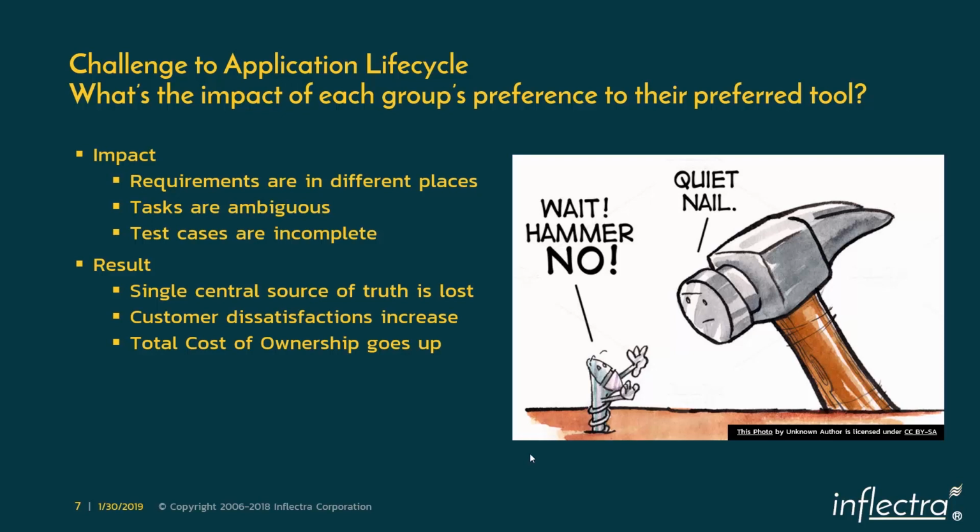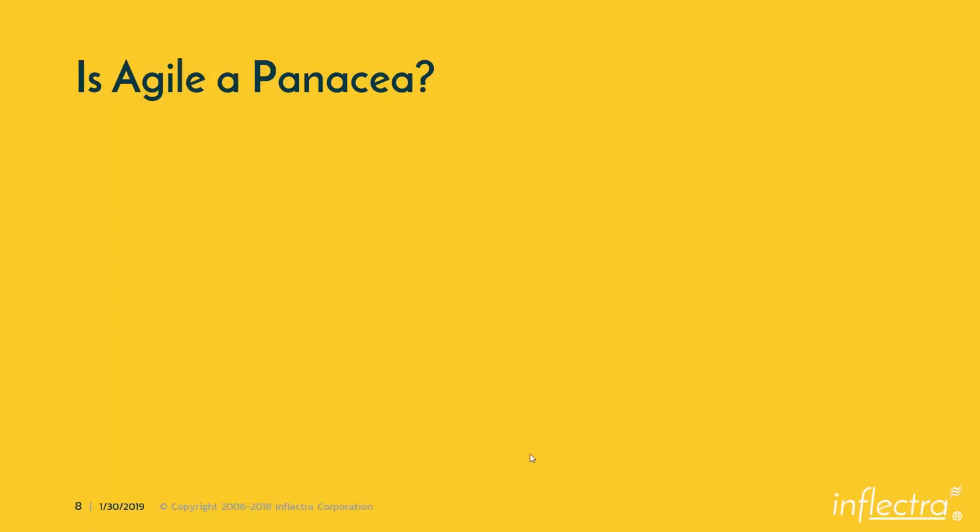Needless to say, like any perfect storm leaving a trail of wreckage, the lack of applying important principles to application lifecycle management in any tool leaves a trail of failed projects. So is Agile a panacea? Often people jump onto the Agile bandwagon and think all their cure has arrived.